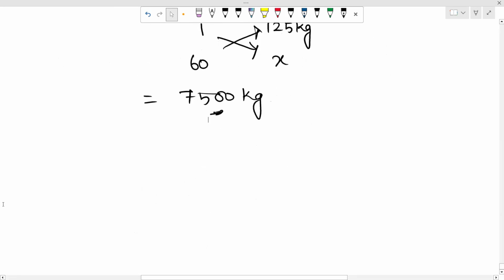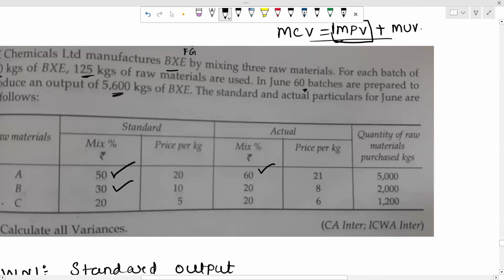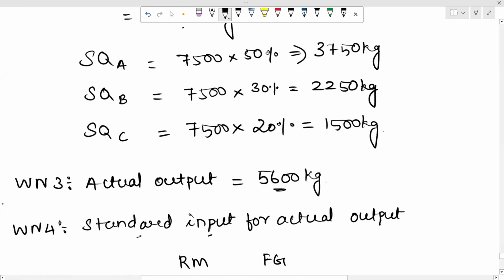So actual quantity of A, B, and C. The actual mix is given in the question. It is 60% of A, 20% of B, and 20% of C.